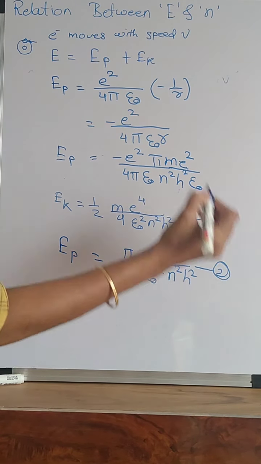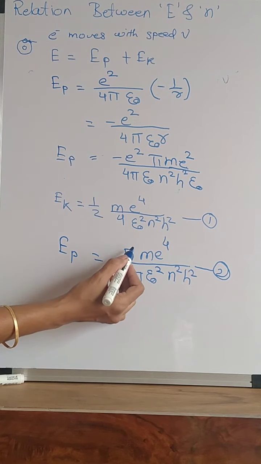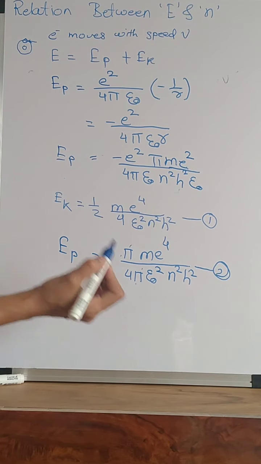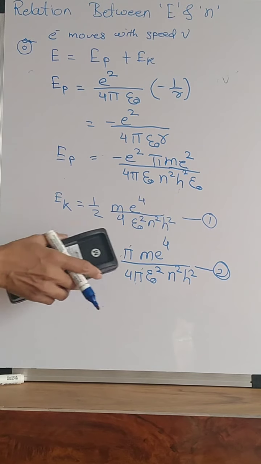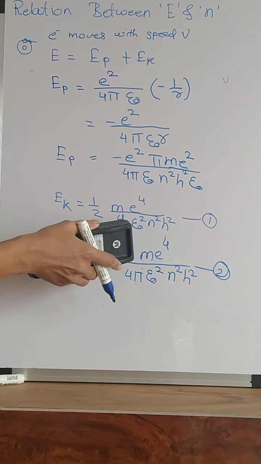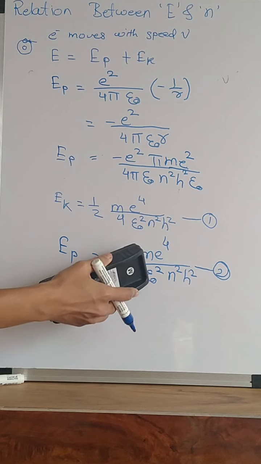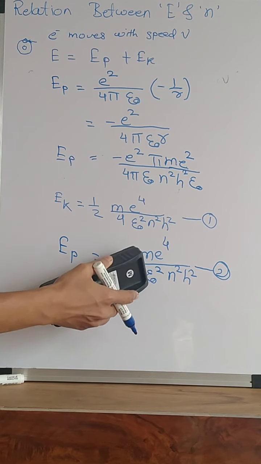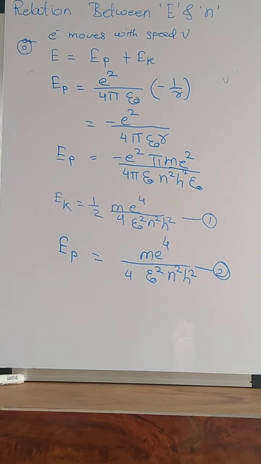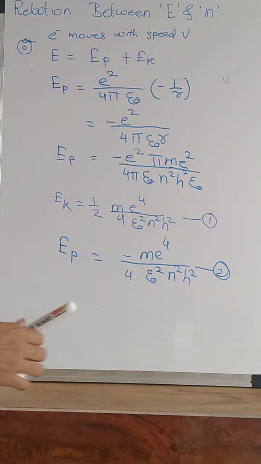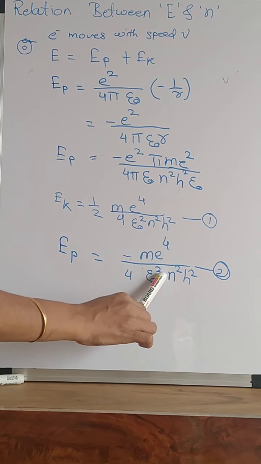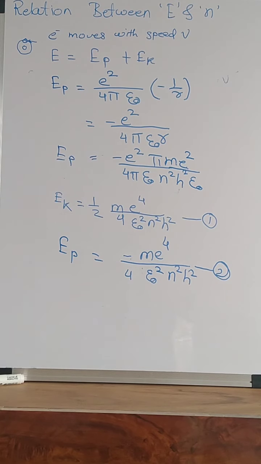This is equation 2. Okay, we can cancel out this pi over here. So the equation will become minus m e raised to 4 upon 4 epsilon naught square n square h square.